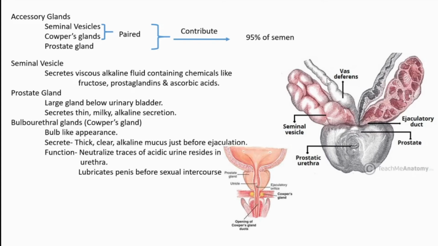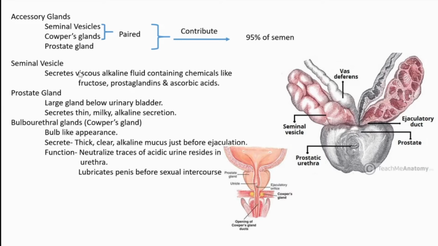That two unite to form an ejaculatory duct, and this is the prostate gland. It pierces through the prostate gland, comes out and joins with the urethra. And as a continuation of this, the penis is there, it is not shown here.